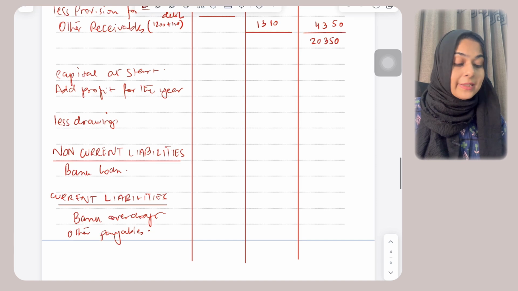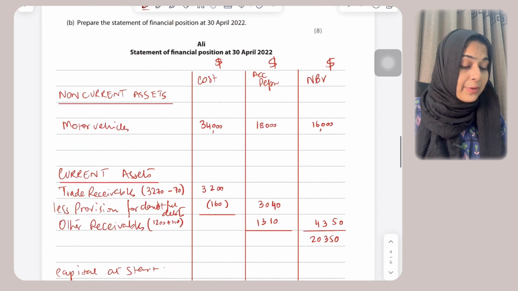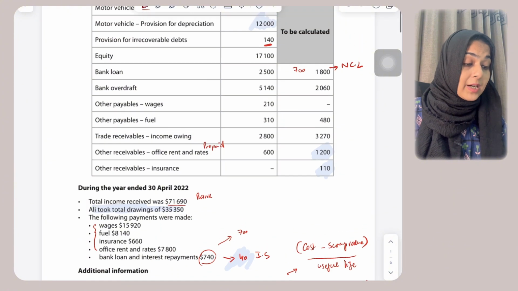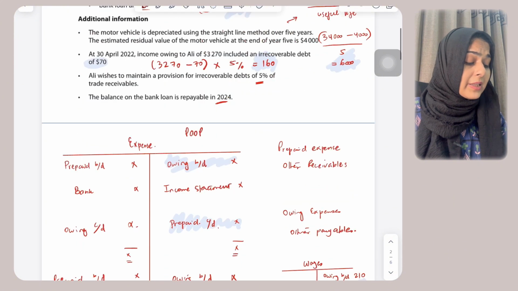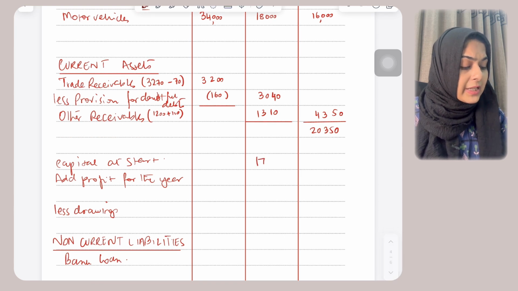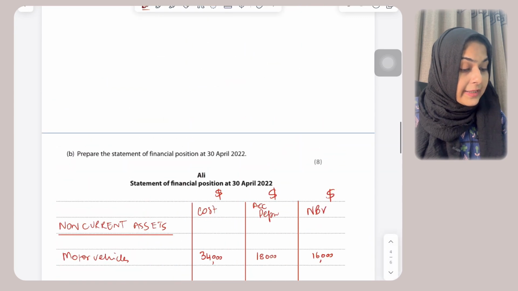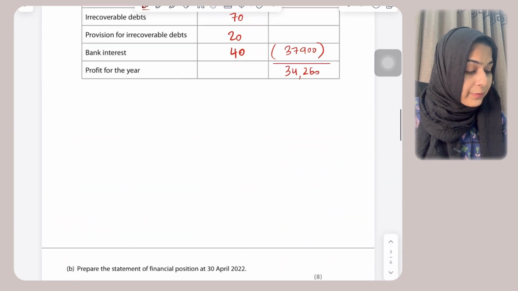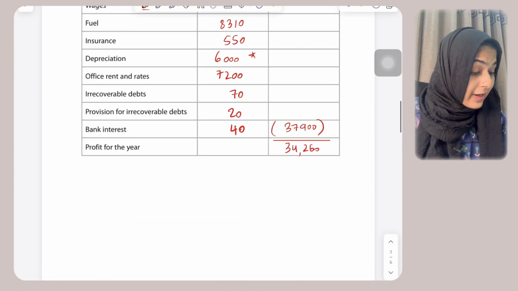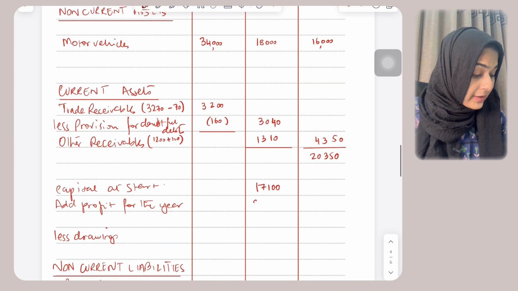Then in the capital and liability section, I will start with capital at start. Here they have said equity at start is 17,100. Equity is also the word for capital. I'll write here 17,100. Then I need to add profit for the year, 34,260.